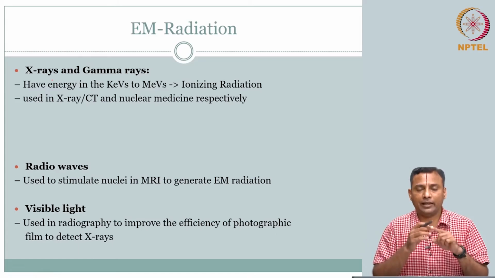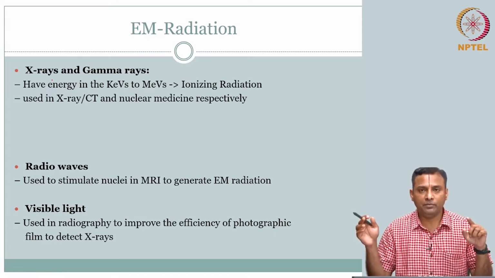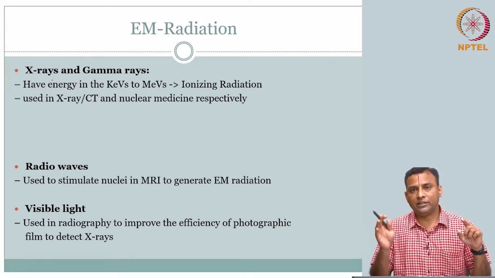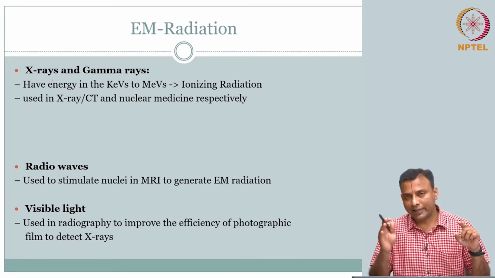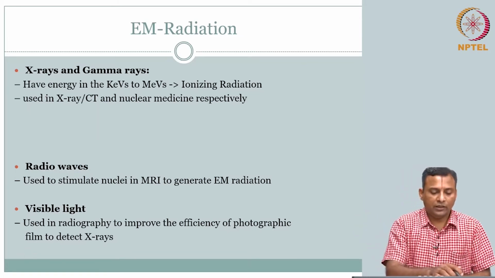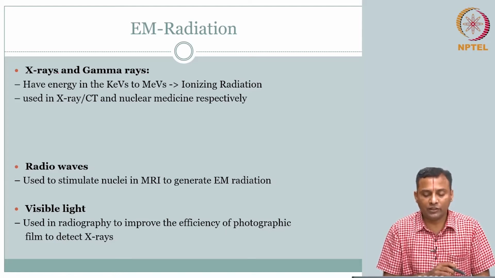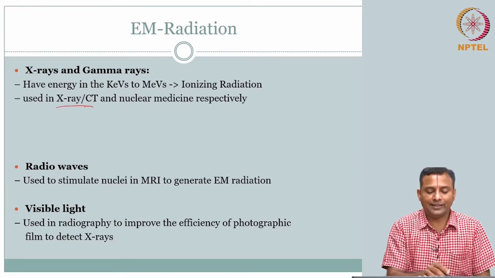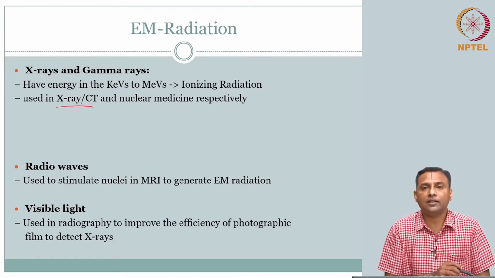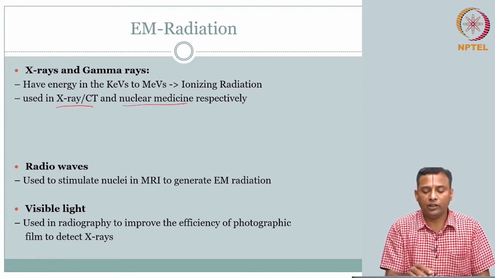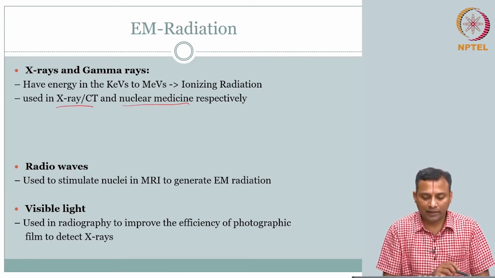If you look at the electromagnetic spectrum, after the visible light, as the energy increases, you see that we will exploit X-rays and gamma rays in the modalities of X-ray CT in the first part, and then later in nuclear medicine, right. So, we will use X-rays and gamma rays.